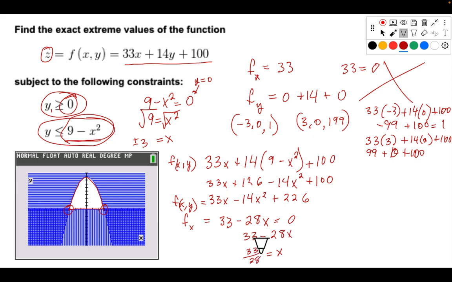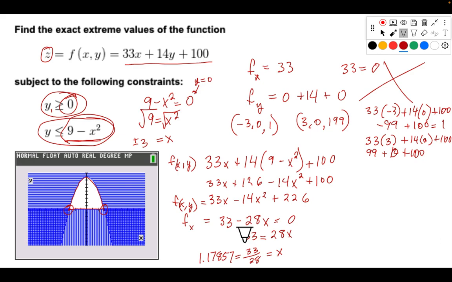And we are going to get 1.7 something. It keeps on going, and I use a lot of decimals at the beginning just to make sure it all matches up.